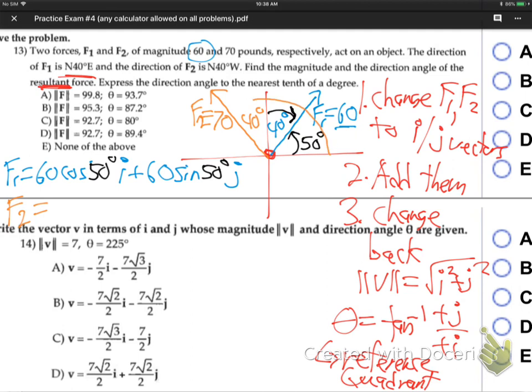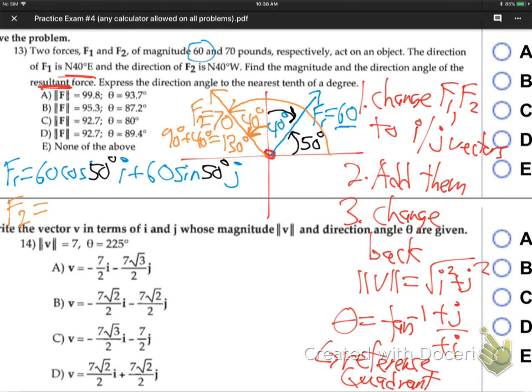So from 0 to the force 2 vector, it's 90 plus 40, isn't it? Everybody see that? Because it's 40 off of this axis. Everybody clear where that 40 is coming from? Am I confusing you?